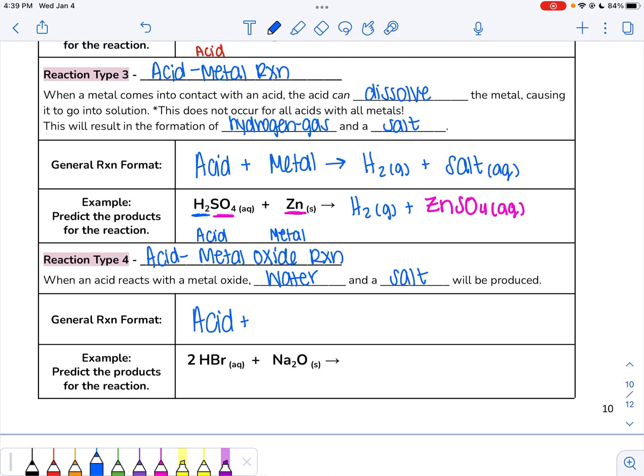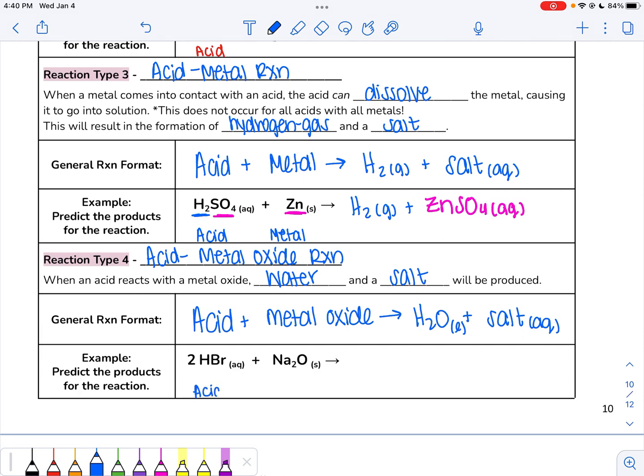A metal oxide is a metal bonded to oxygen. So we have acid plus some metal oxide. These are reacting together to make water, which I'll write as the formula H2O, liquid, plus a salt, which will stay dissolved in solution.